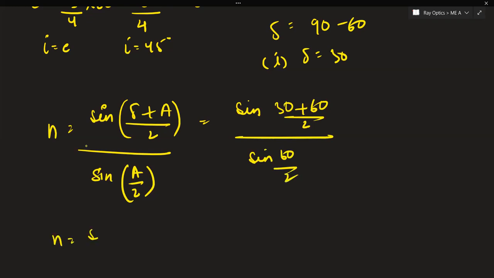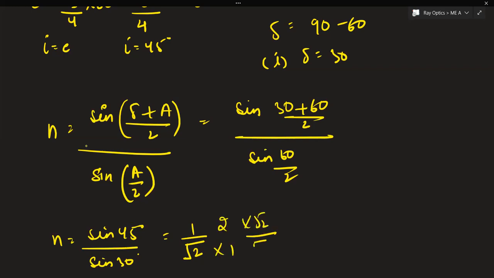So n will be sine, see 60 plus 30 will be 90, 90 by 2 will be 45, and 60 by 2 will be 30 degrees. So sine 45 is 1 by root 2, sine 30 is 1 by 2. Even if you rationalize it up and down, this will become root 2. So n is equal to root 2. This is the value of n.